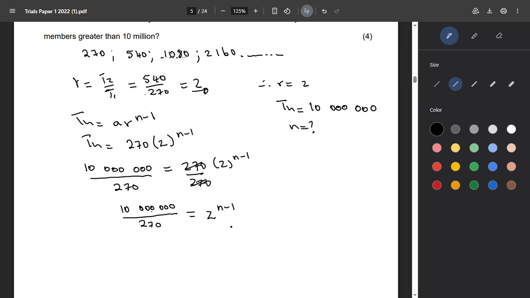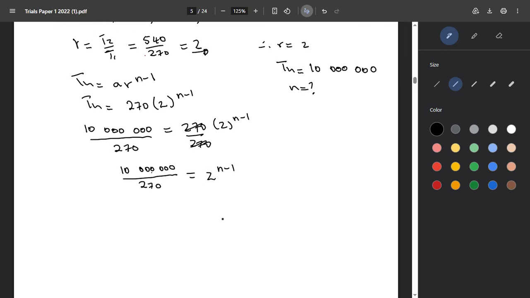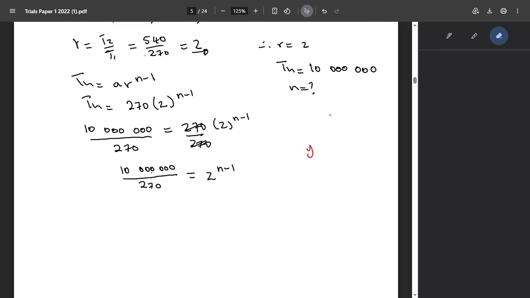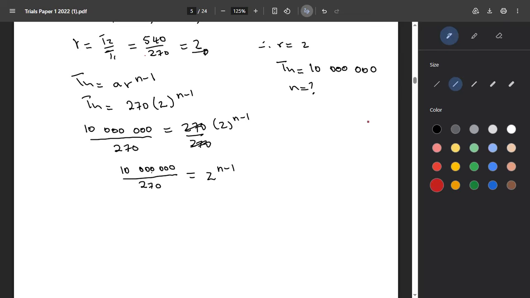So now I'm going to log on both sides, or instead of logging both sides, let's apply the logs law that says that if I have x, which is a to the y, you see y is on the exponent, I can put y as the subject of the formula. Then I'll say log, the a, which is the base, becomes the base on the log.